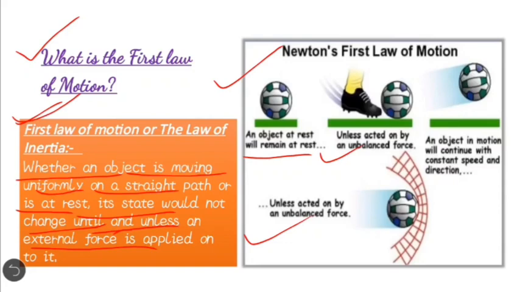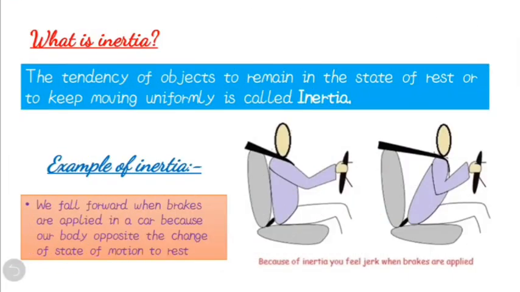I am repeating again. If an object is in motion or is in the state of rest, it will remain in motion or at rest until an unbalanced force acts upon it. Now, what is inertia? The tendency of objects to remain in the state of rest or to keep moving uniformly is called inertia.